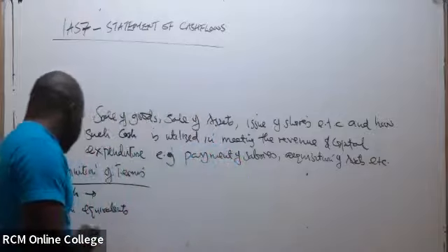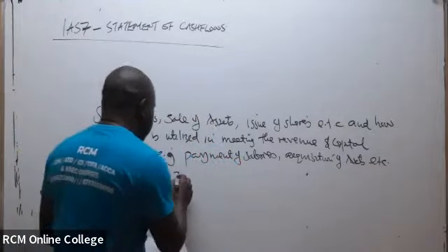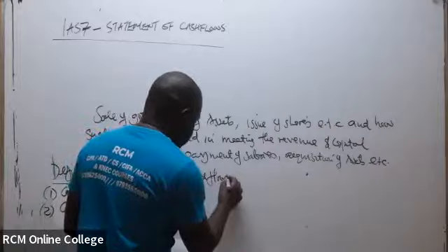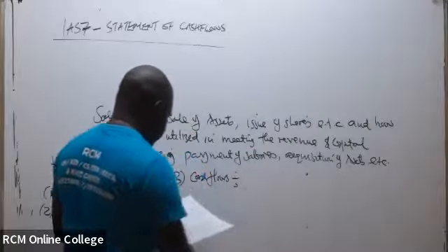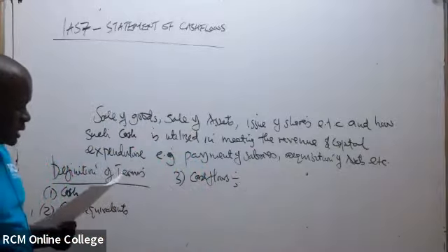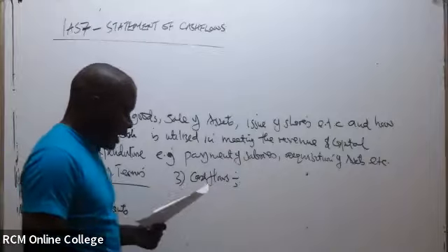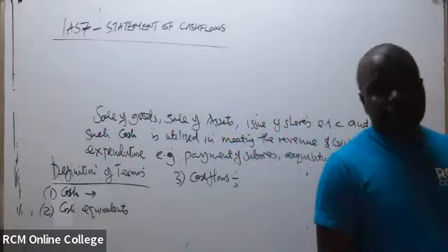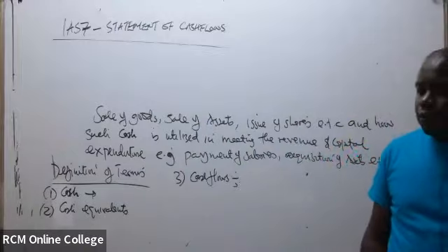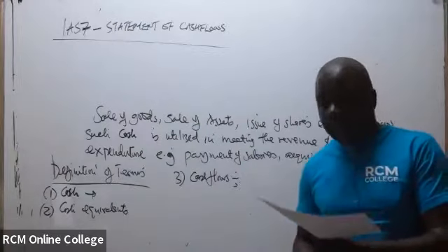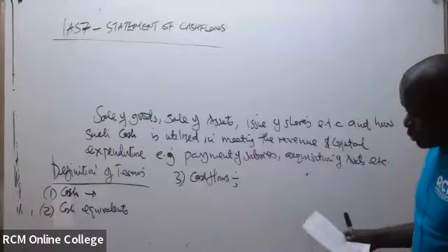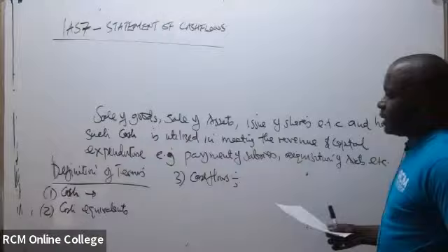Then in this case, we have number 3, cash flows. Cash flows. These are inflows and outflows of cash and cash equivalents.